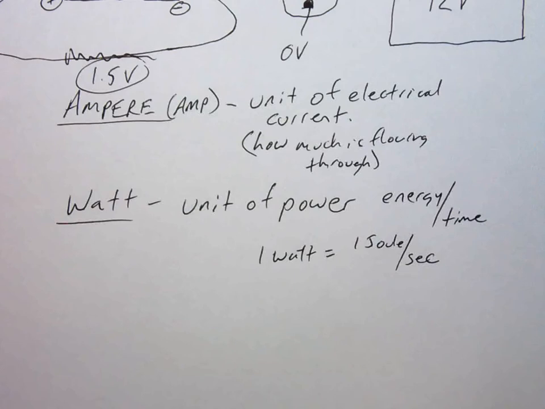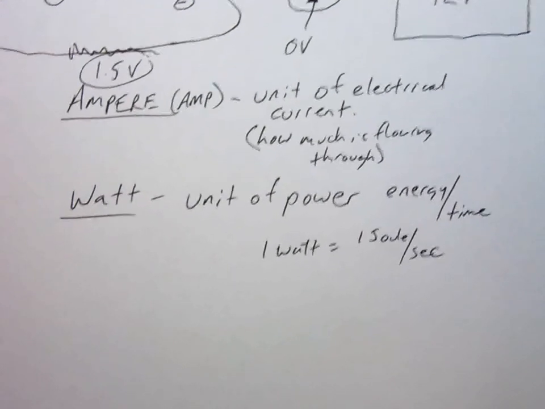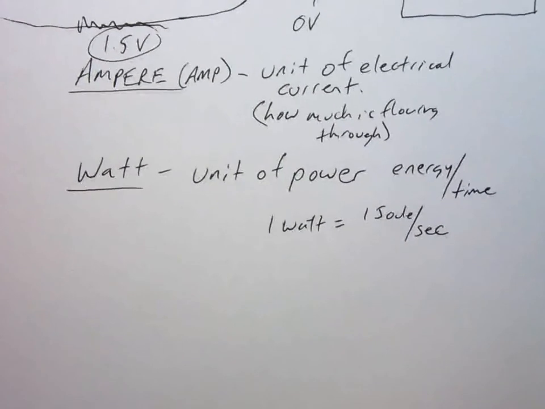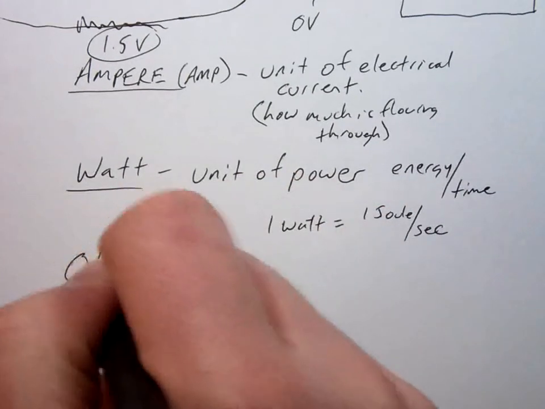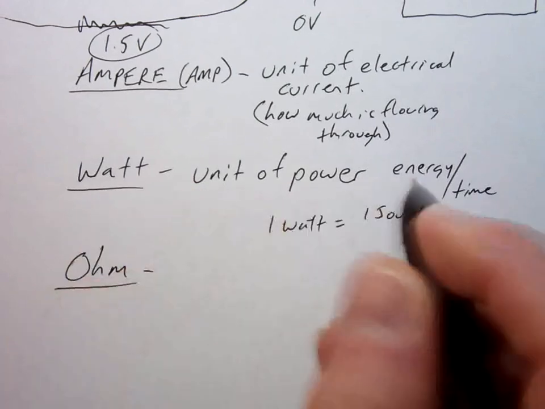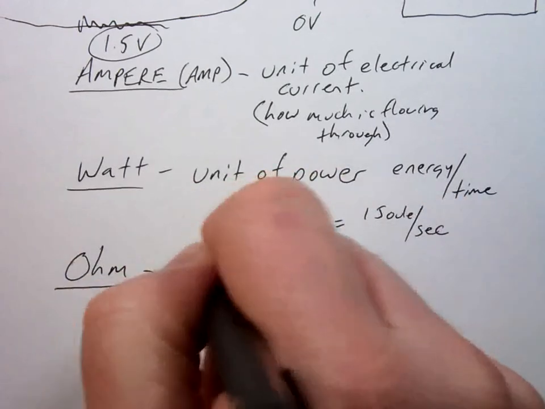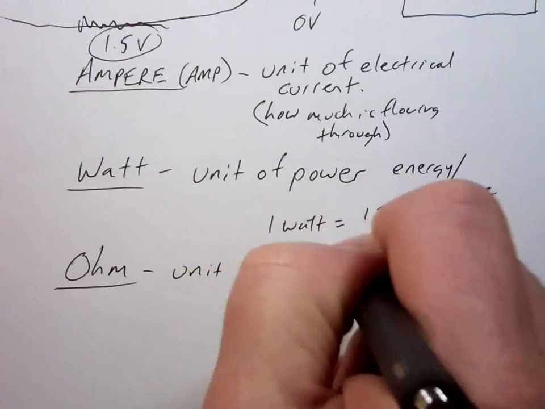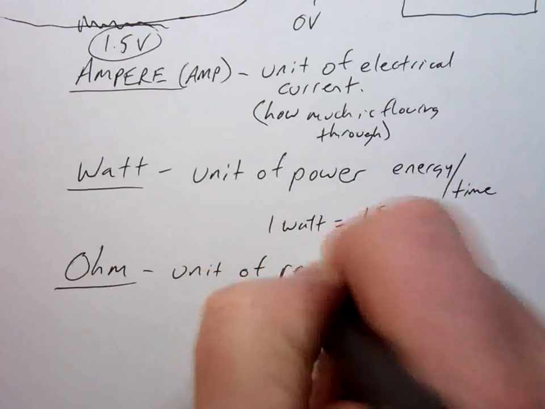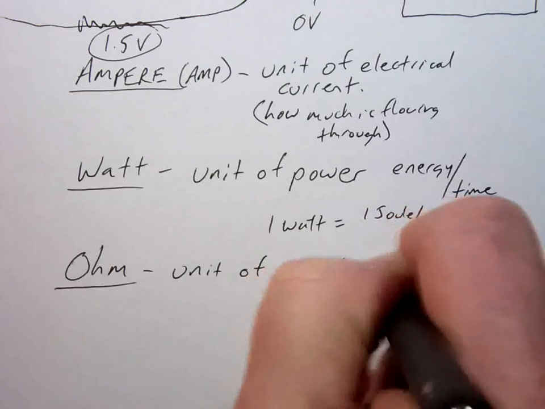I'm going to give you one more that we probably won't use at all in this class. I just want you to have exposure to it. And that is the unit ohm. An ohm is a unit of resistance. Resistance to current, resistance to flow.